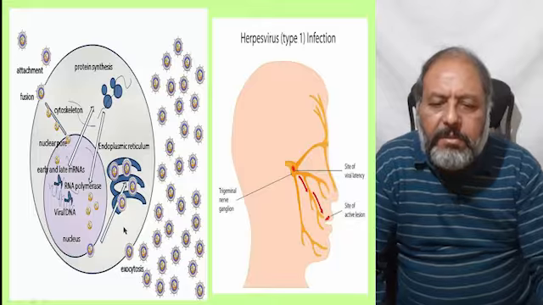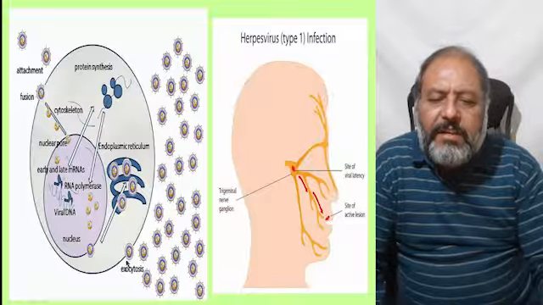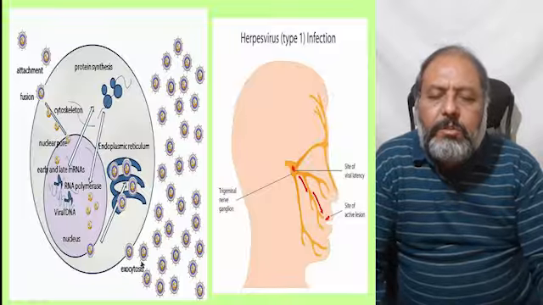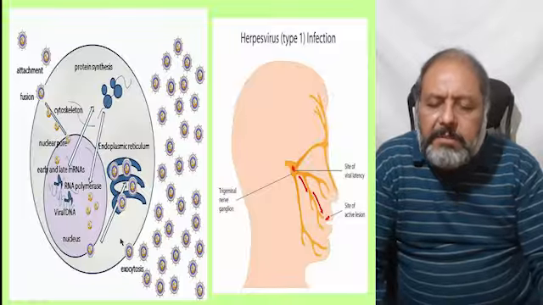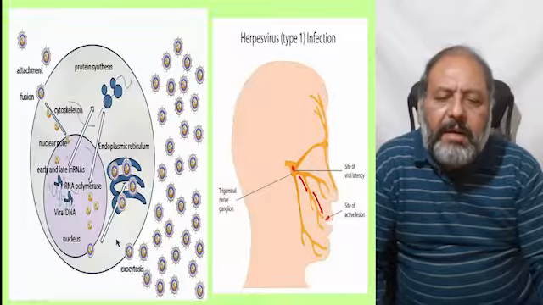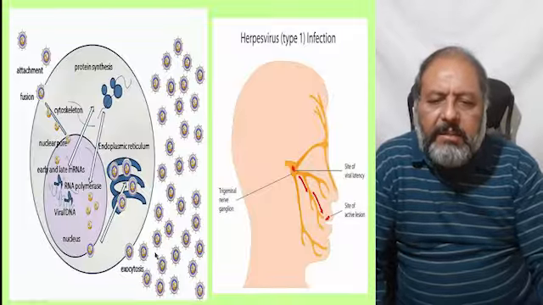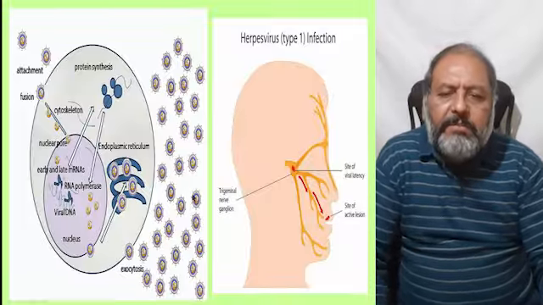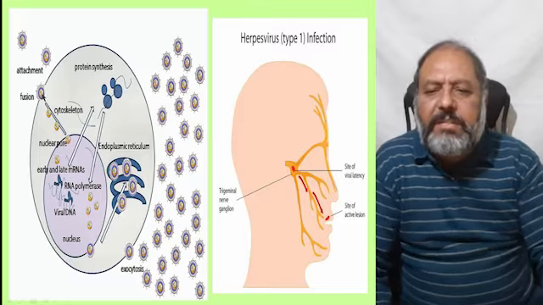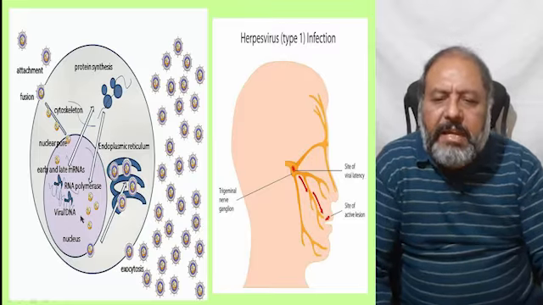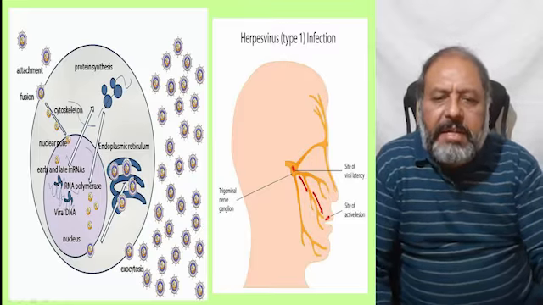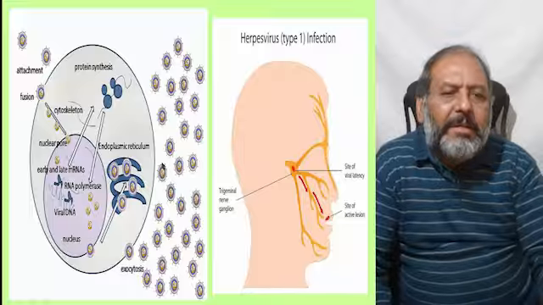And here is the process by which these come out as exocytosis, meaning just coming out from the cytoplasm of the host cell. And here one can see many newly formed virions from that one cell, which are assembled and coming out.